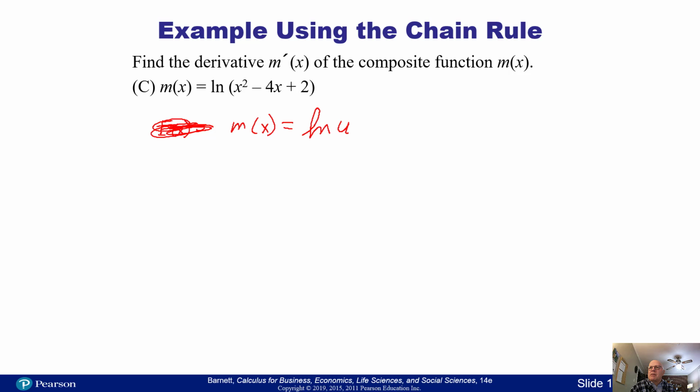Just replace this by u, where u is what? The inside function, x squared minus 4x plus 2. There's our inside function. Now we know we're going to differentiate these, so this is u.